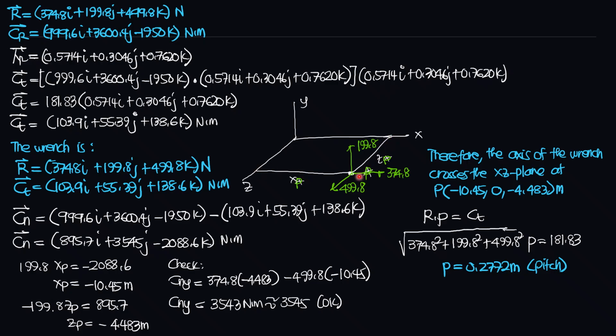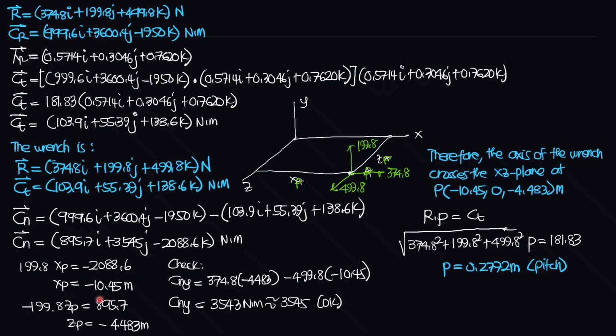So from the figure, to solve for xp, we obtain the moment about the z-axis and it is positive as shown. So 199.8 times xp. This is the only component that has moment about the z-axis. And we equate that to the moment about the z-axis, c sub nz, negative 2088.6. So 199.8 times xp equals negative 2088.6.